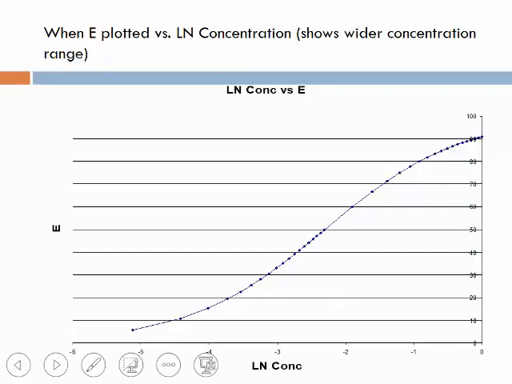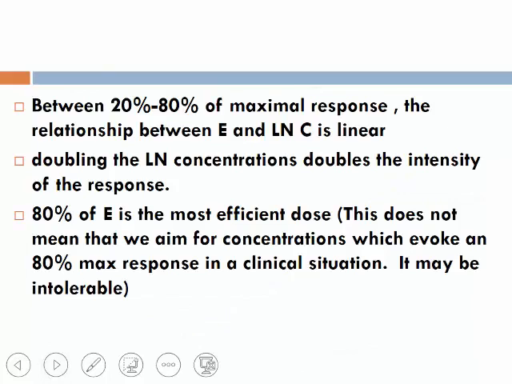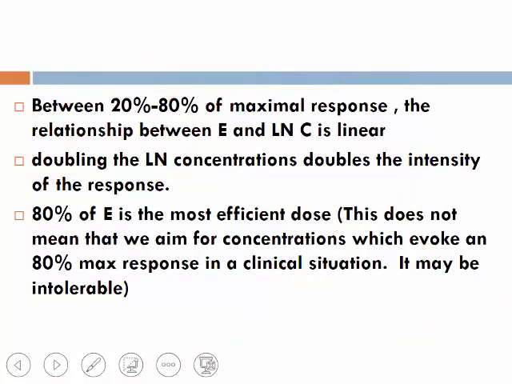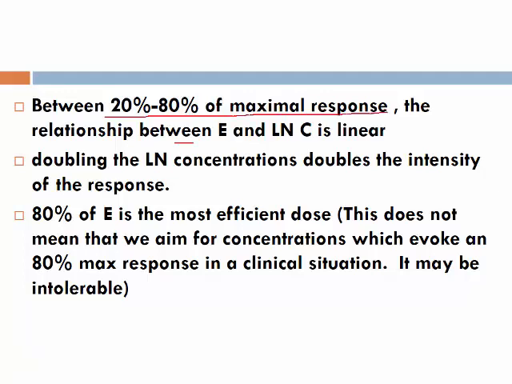And it's only that natural log, not straight concentration. So here are the learning points here. Okay, between 20 and 80% of maximal response, the relationship between the effect and the natural log concentration is linear.